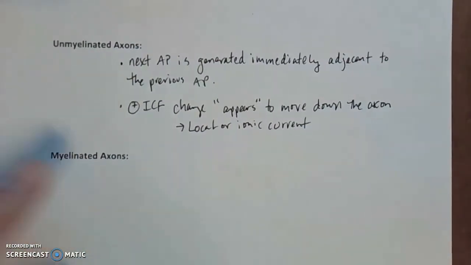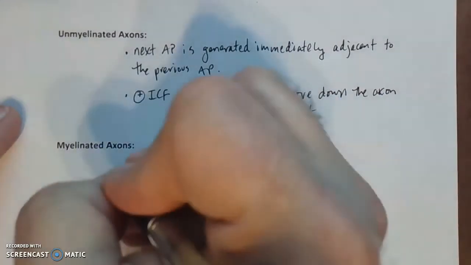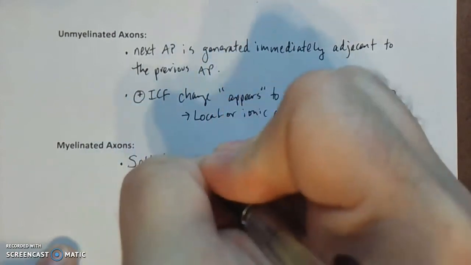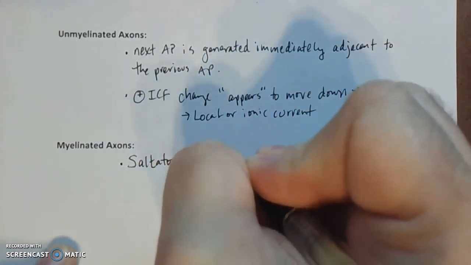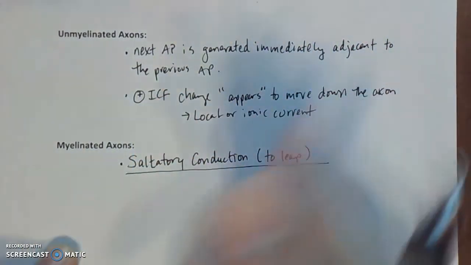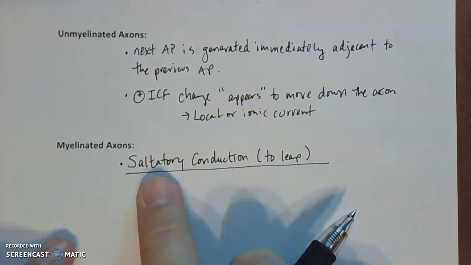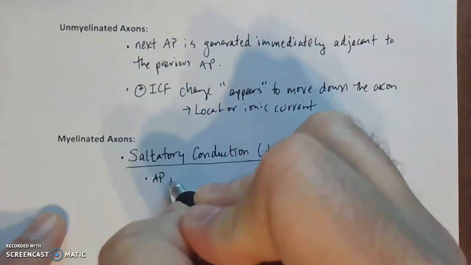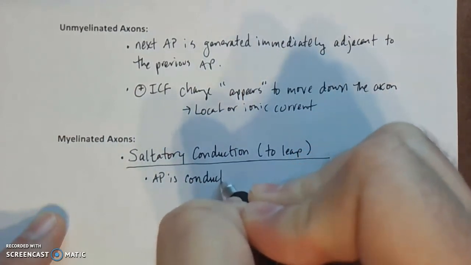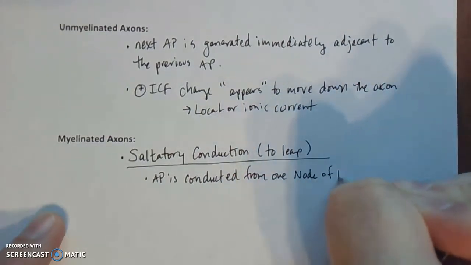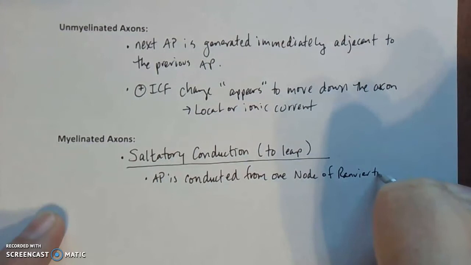Now with a myelinated axon, we have a process called saltatory conduction. And basically, this means to leap. I believe in Spanish, saltar is to leap or to jump. So what happens here is the action potential is conducted from one node of Ranvier to the next.